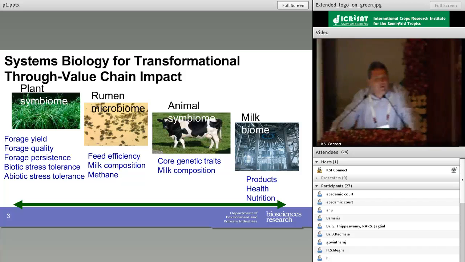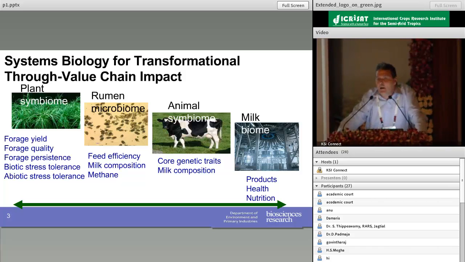Perennial ryegrass accounts for around 70% of the total forage grass seed production for temperate agriculture worldwide, but also the supplementary genomes, the associated biota that we ultimately deploy on farm, and the implications of that for key traits such as biomass yield, forage quality, yield over time, so persistence, as well as aspects of both biotic and abiotic stress tolerances.